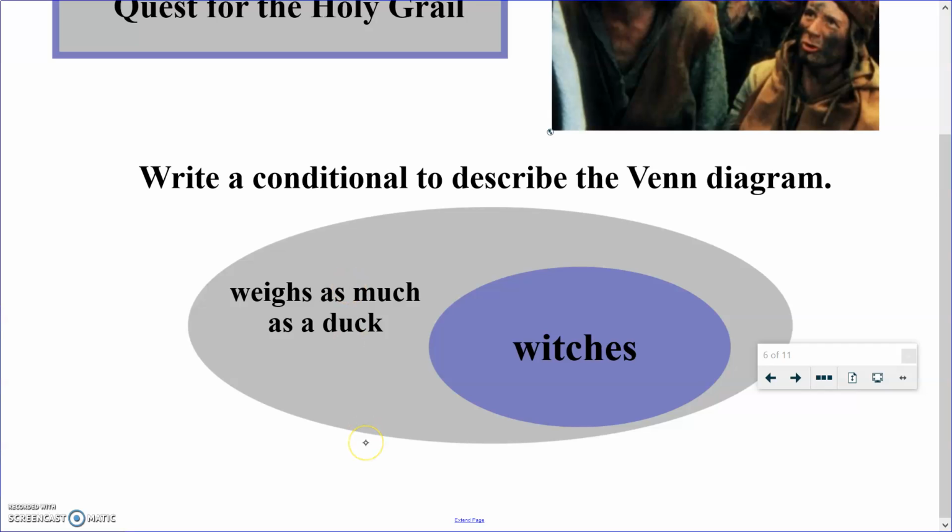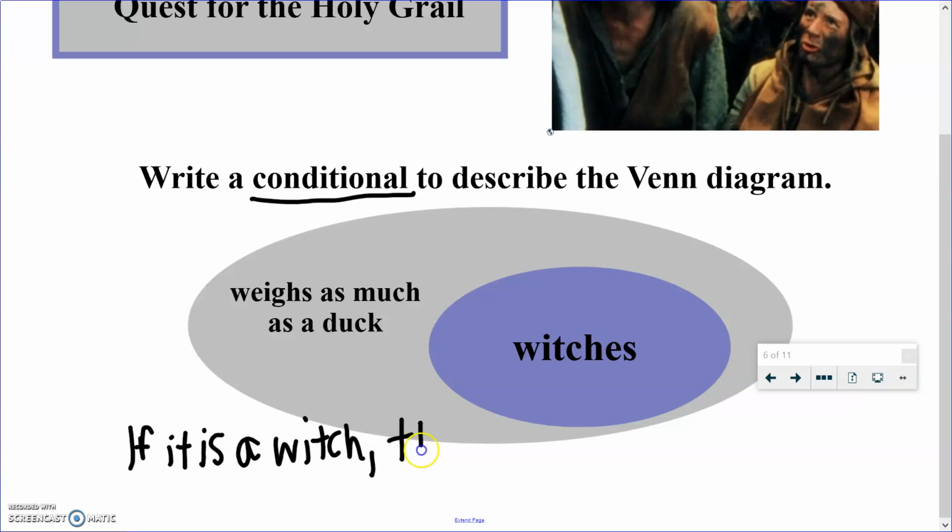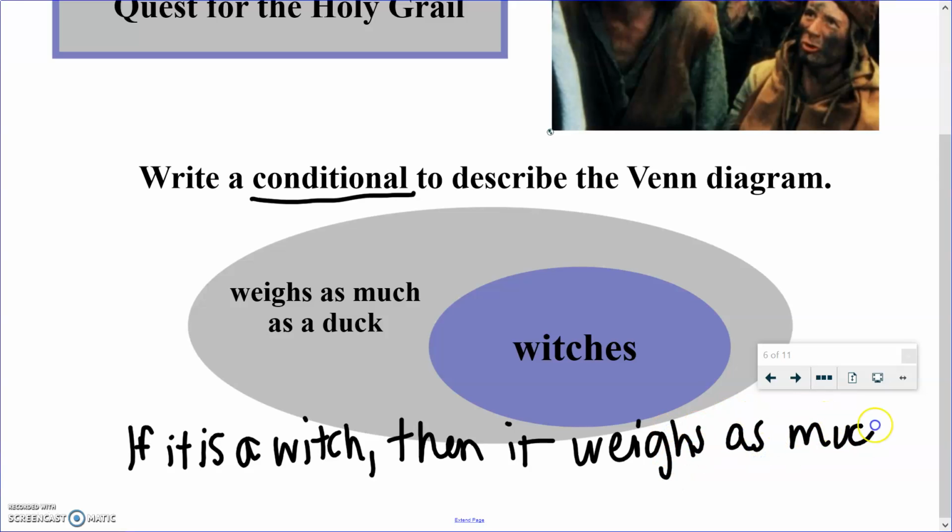And so the conditional statement, which is an if-then statement, would be: if it is a witch, then it weighs as much as a duck.